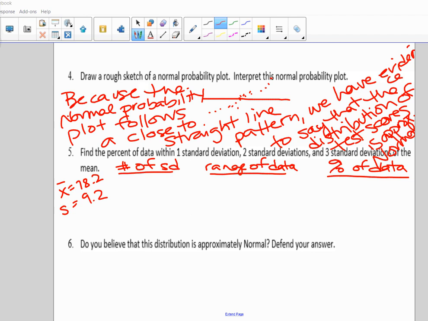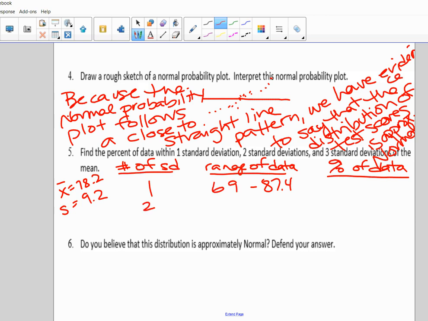So my ranges are going to be, within 1 standard deviation, my data ranges are going to go like this, right? 78.2 minus 9.2, so 69.